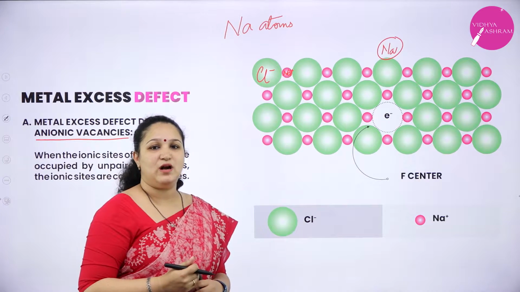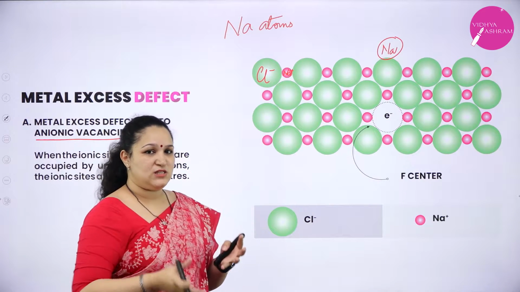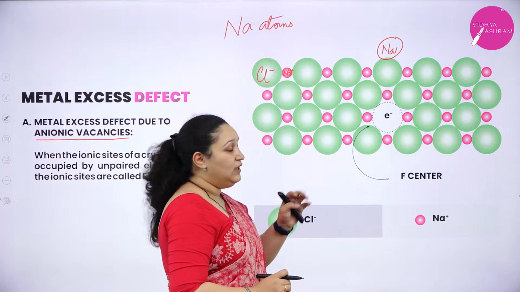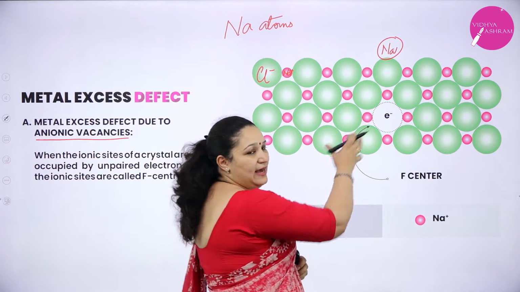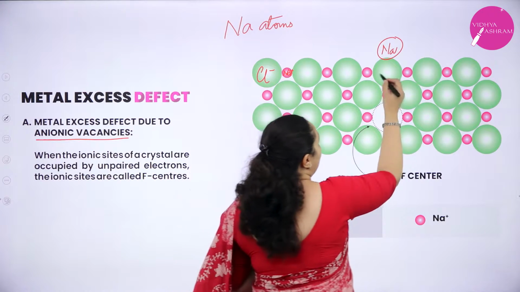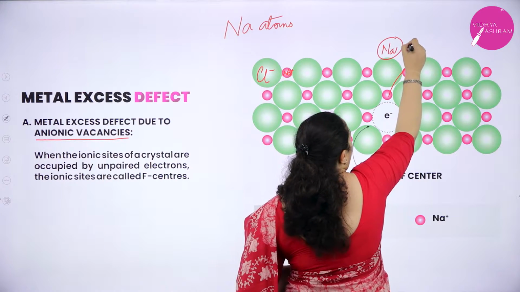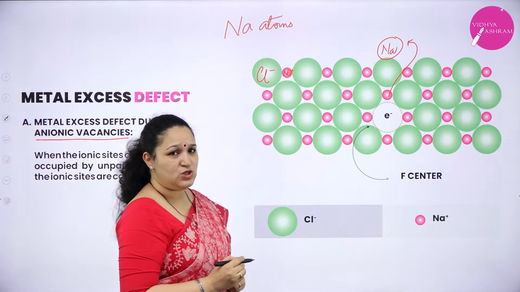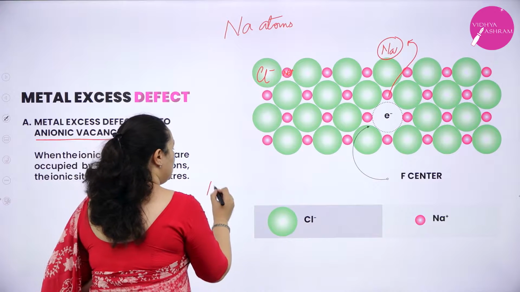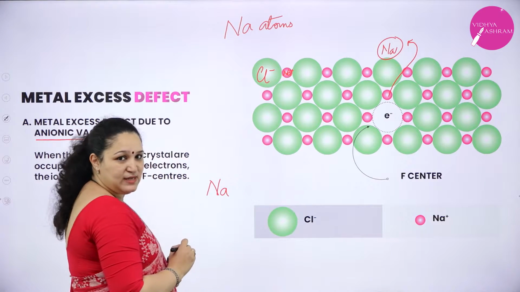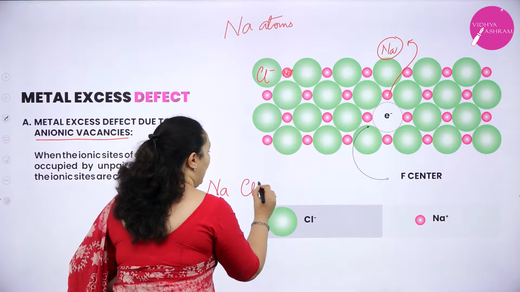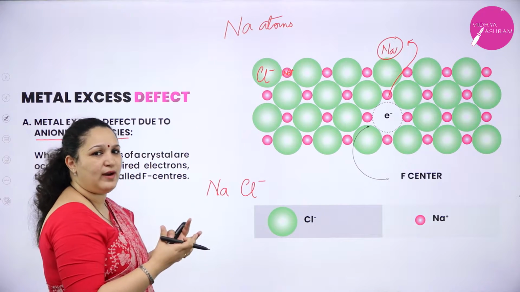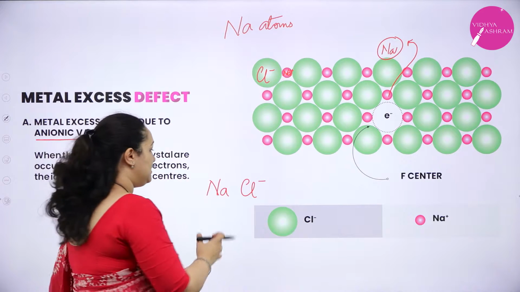When the sodium atom gets deposited, the chloride ions in the solid can slowly diffuse. A neighboring chloride ion can diffuse to the surface, close to the sodium atom.